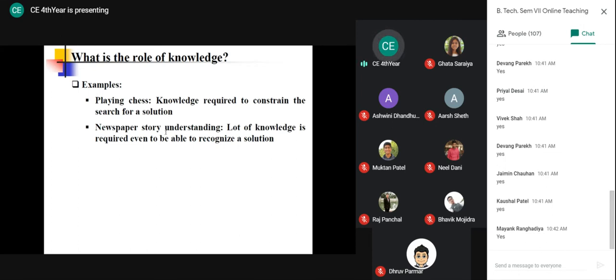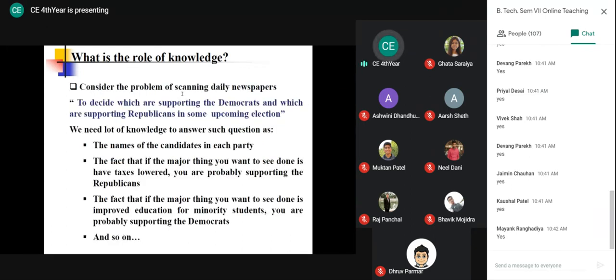But in the case of the second example, consider the problem of scanning a daily newspaper to decide which are supporting Democrats and which are supporting Republicans in some upcoming election. Here we need a lot of knowledge to answer such a question. Which type of knowledge is required?